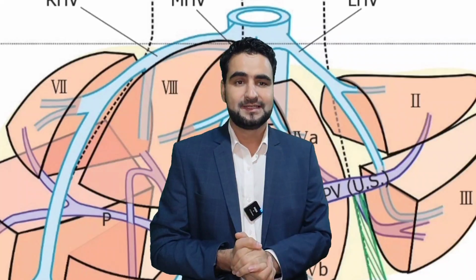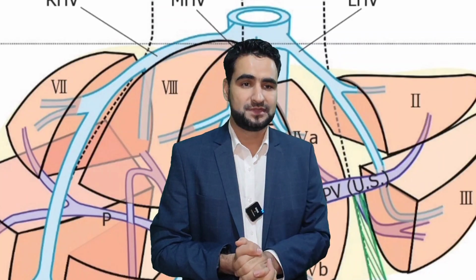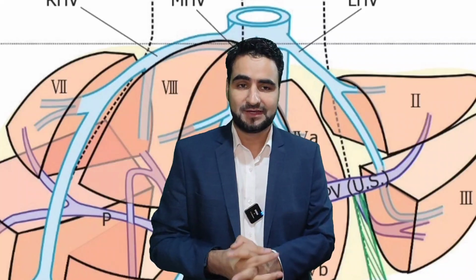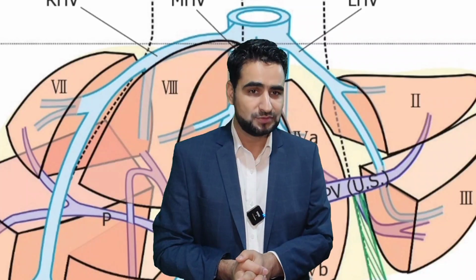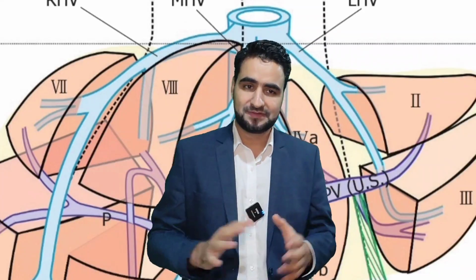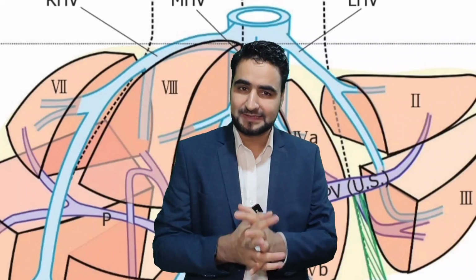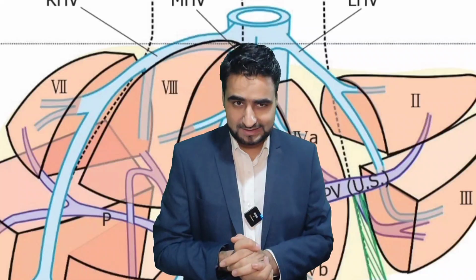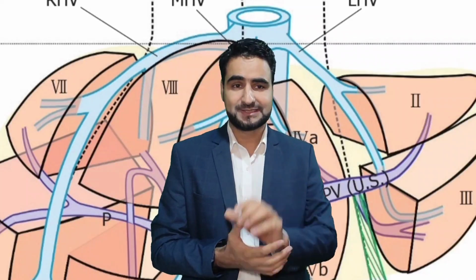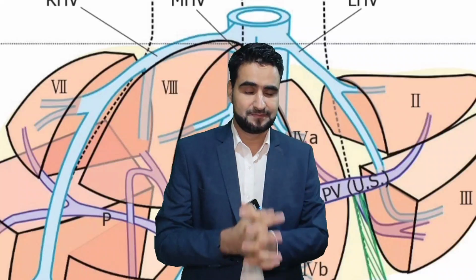And finally, see the segmental branches of the left portal vein, that is segments 2 and 3, with the inferior vena cava at 4 o'clock position, a key anatomic configuration. Mastering these views enhances your ability to interpret complex hepatic anatomy, evaluate vascular relationships, and plan EUS guided interventions with precision.